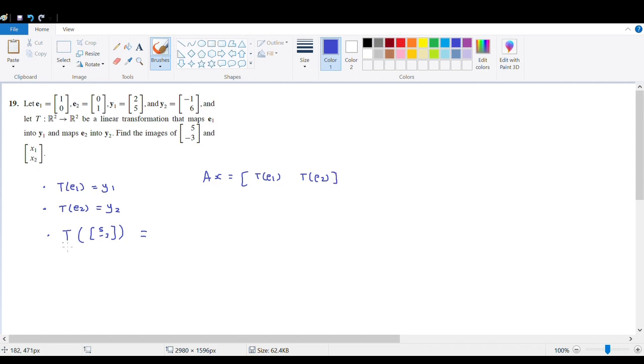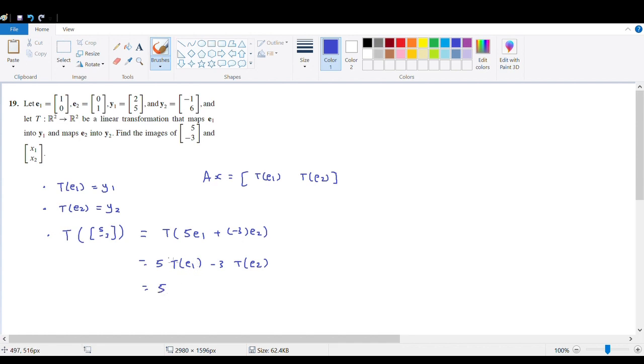So now here we have T of (5, -3), so this will give us T of 5 e1 plus minus 3 e2. Since the transformation is linear, this will give us 5 T e1 minus 3 T e2. So what is T e1?